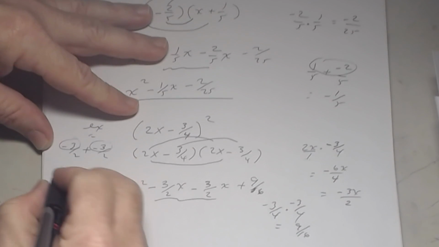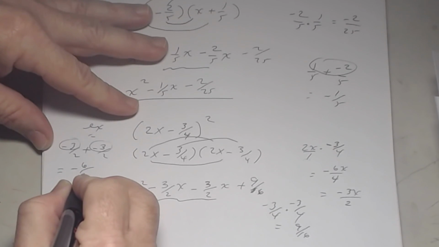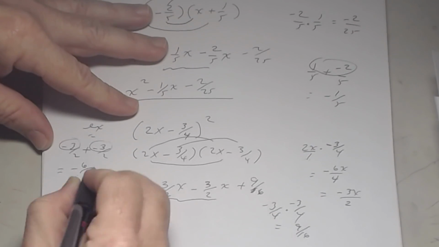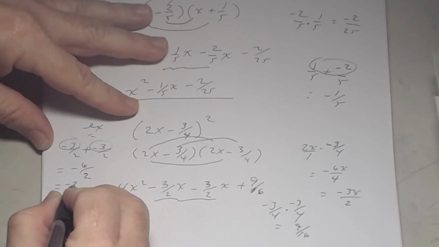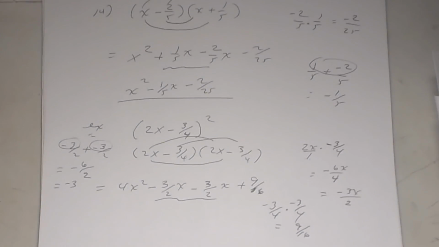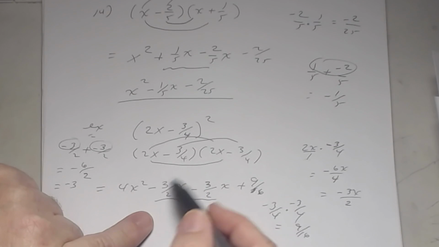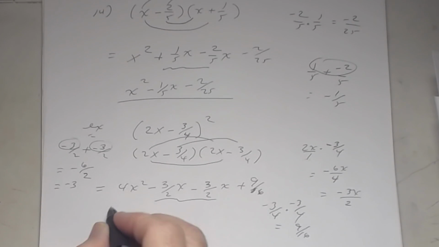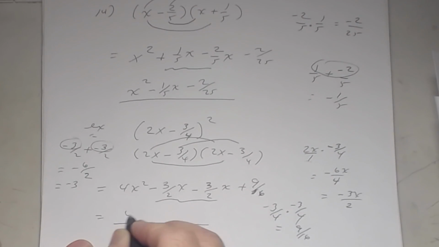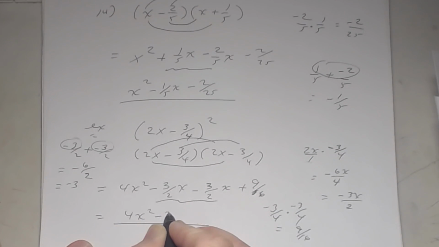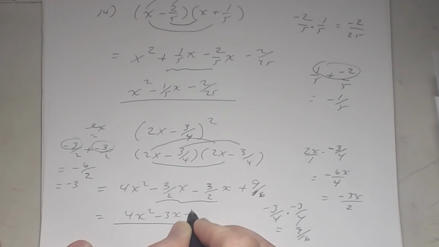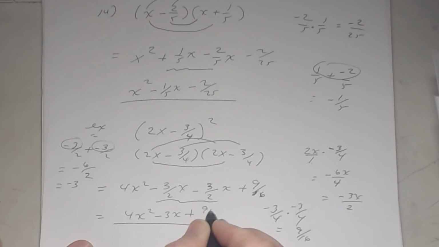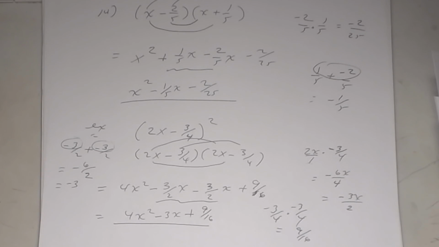Negative 6. So that's negative 6 divided by 2, which is negative 3. So a negative 3/2 x and a negative 3/2 x is negative 3x. So what's the answer? Minus 3x, plus 9 divided by 16. Okay?